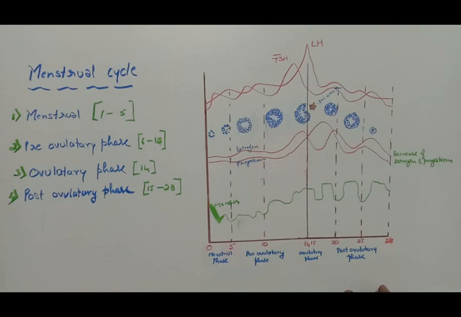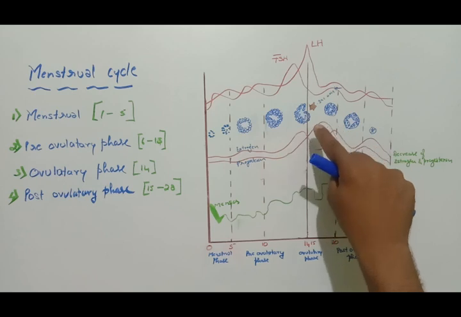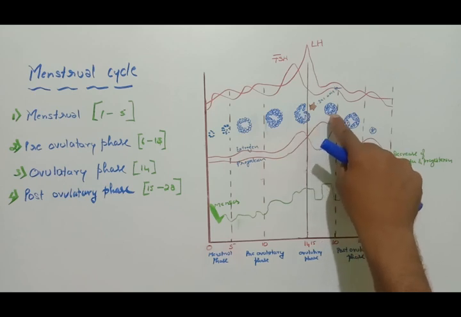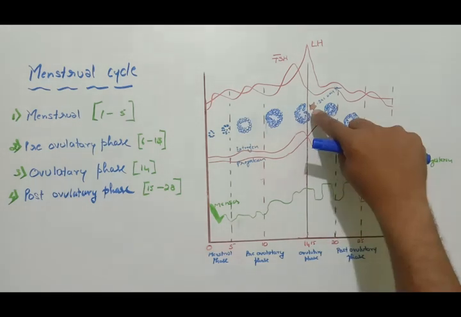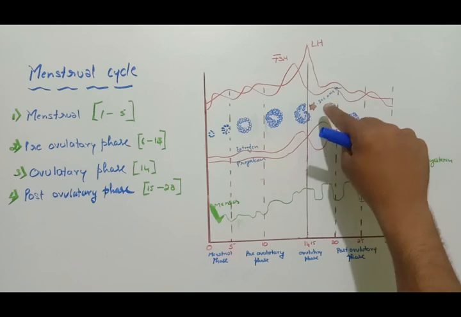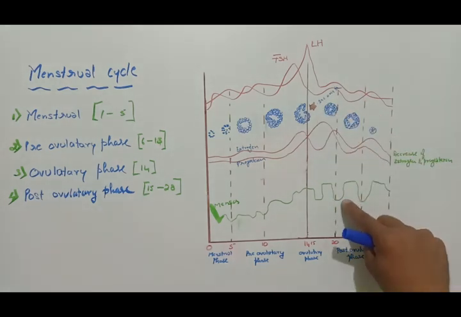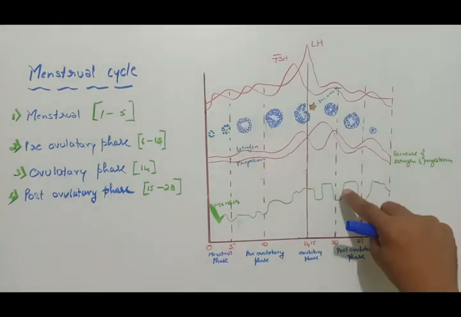Let's see one more time about the post-ovulatory phase. It begins from the 15th day and lasts till the 28th day. During this phase, the ruptured follicle becomes the corpus luteum, which produces a hormone called progesterone. If the egg is fertilized with the sperm, development of the zygote and implantation takes place in the endometrium region, and progesterone will maintain the pregnancy.